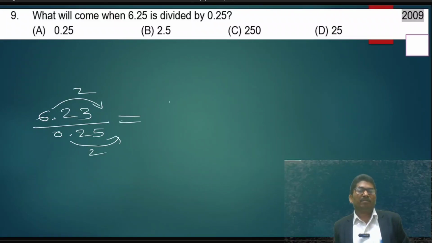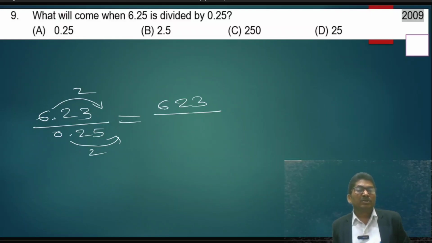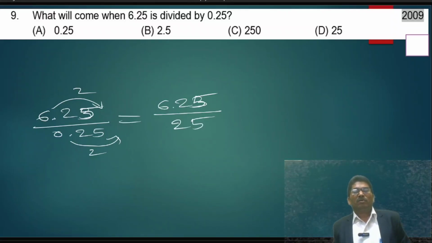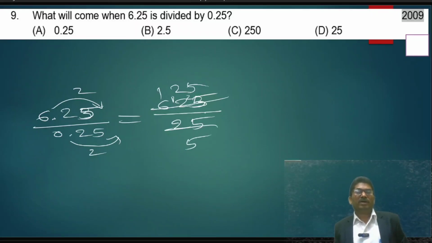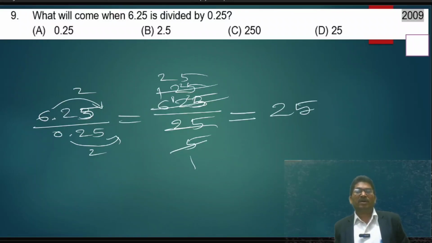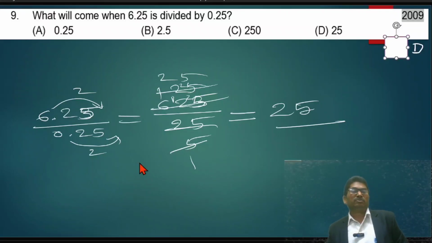Then it will become 625, not 623. So 625 by 25, 5 tables simply. 5 1 the 1 remainder, 5 2 the 10, 2 remainder, 5 5 the 25, 5 5 the 25. Again 5 table, 5 2 the 10, 2 remainder, 5 5 the 25, 5 1 the 5. So what is the answer? 25 is the answer. What is the correct option? D is the correct option.